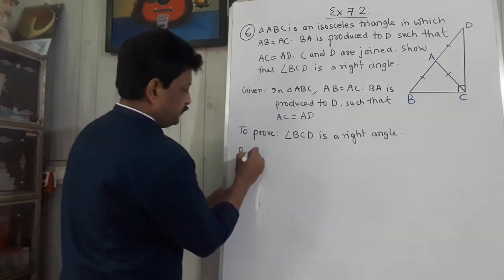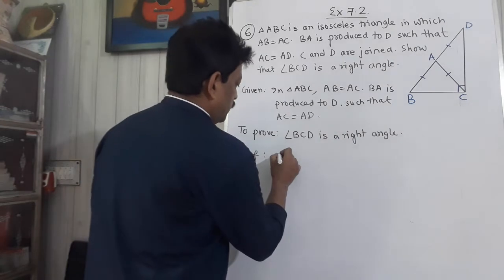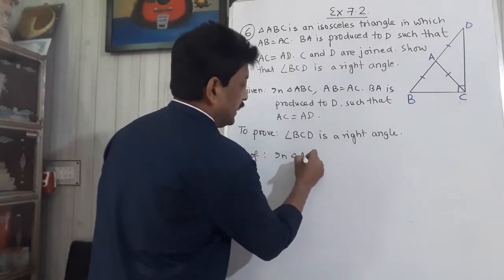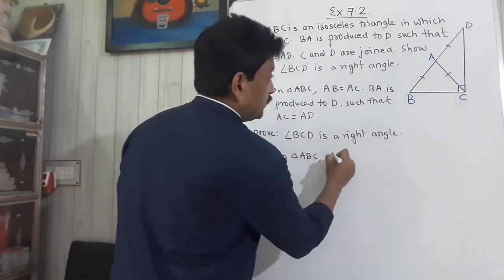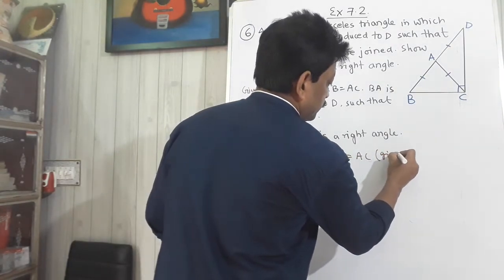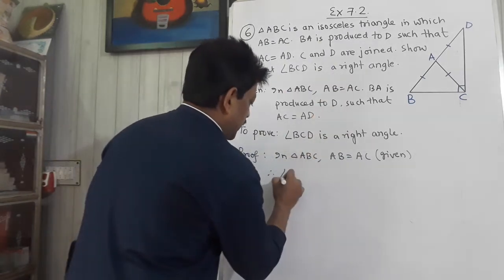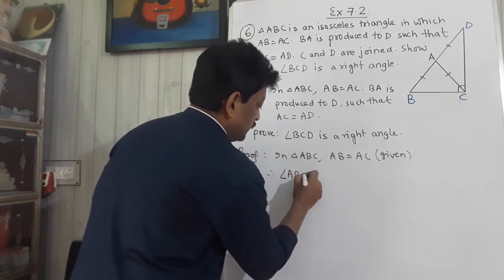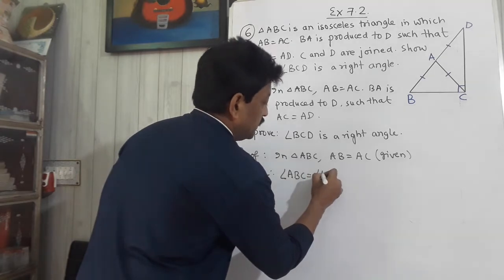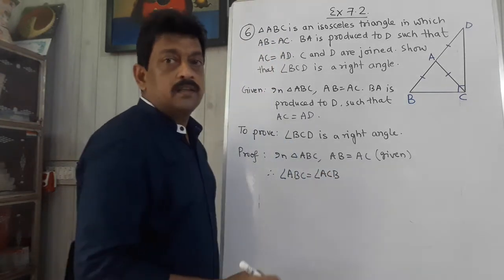Proof. In triangle ABC, AB equals AC, this is given. Therefore, we can say that angle ABC is equal to angle ACB. Let us take these two angles as x.